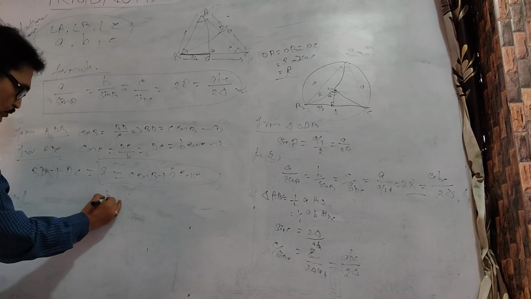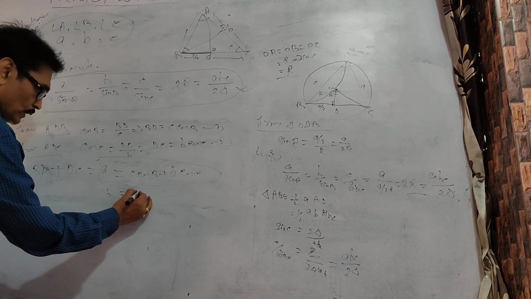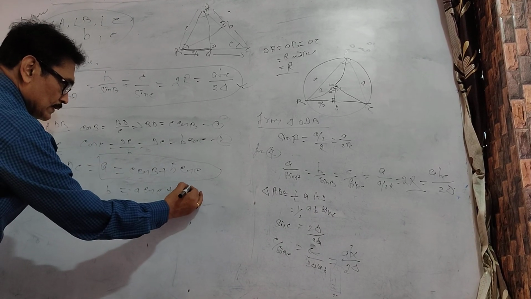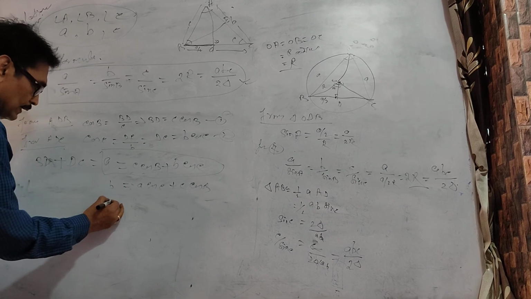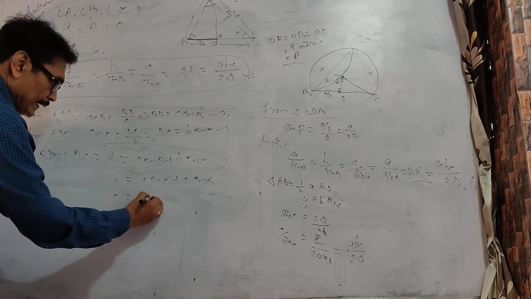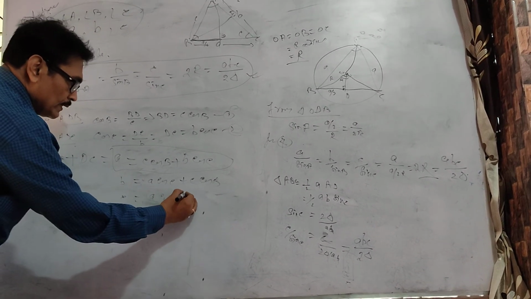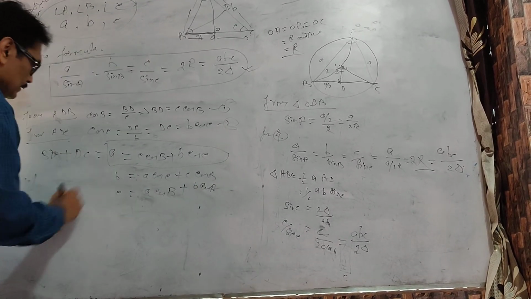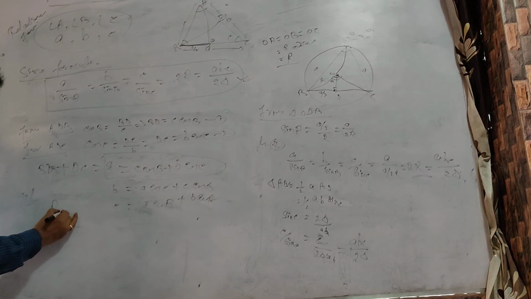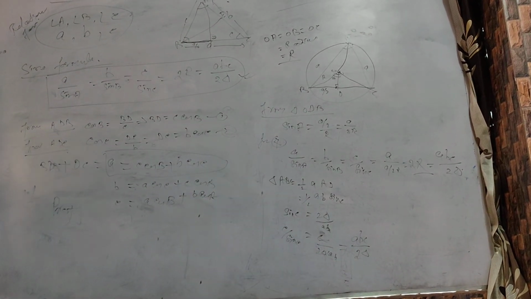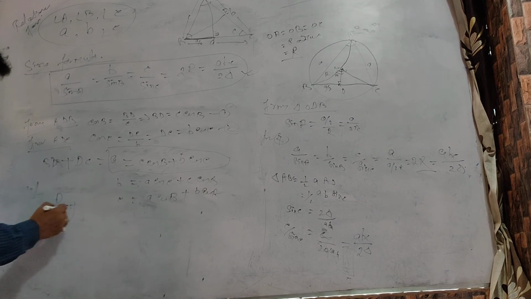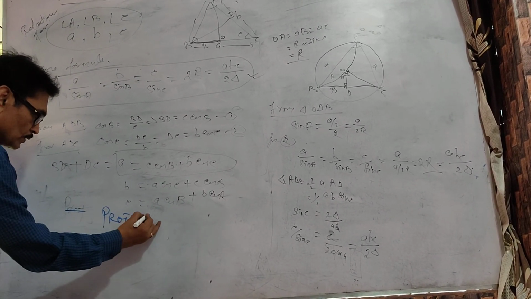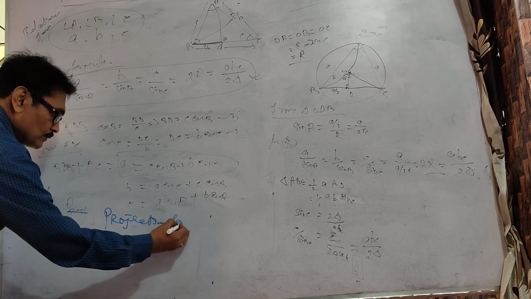Similarly, we can also obtain b equals a cos C plus c cos A, and c equals a cos B plus b cos A. That is the projection formula.